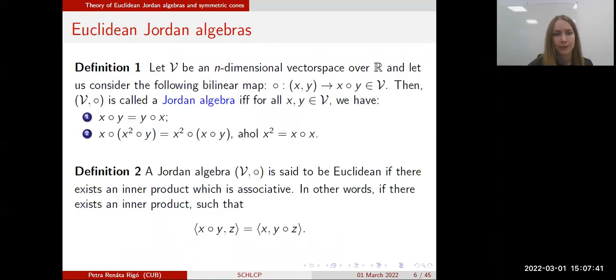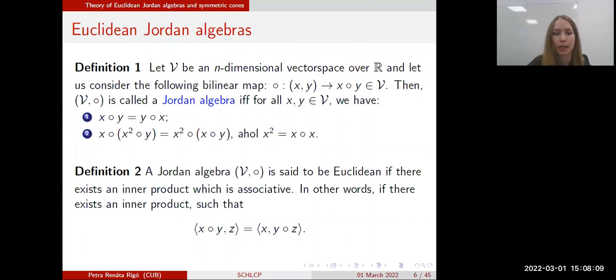So here is the definition of Euclidean Jordan algebra. Let V be an n-dimensional vector space over R, and let us consider this bilinear map. Then V is called a Jordan algebra if and only if for all x and y from V we have the commutative property, and the second one, which is called the Jordan identity.